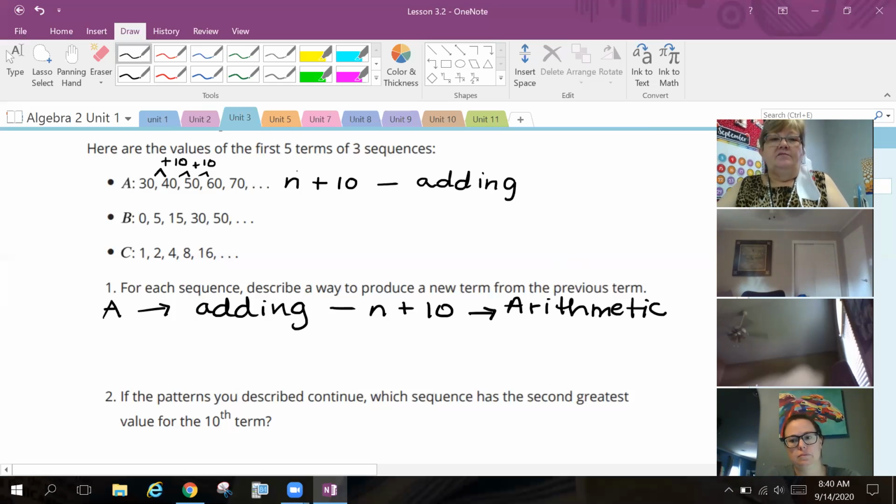Well, I noticed with B that some of the numbers are adding 20, but with 15 and 30, that's not working. Because if it was 15 and 30 and it was adding 20, I believe it would be 35.